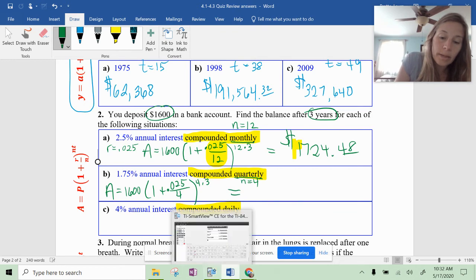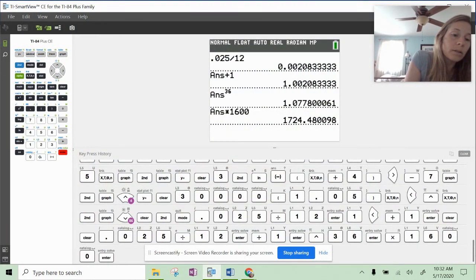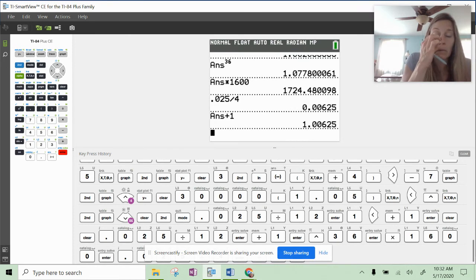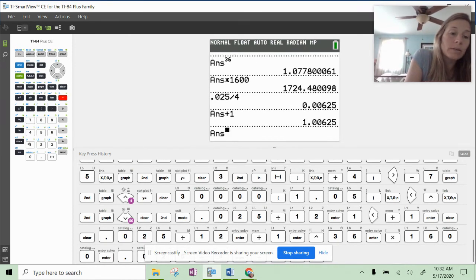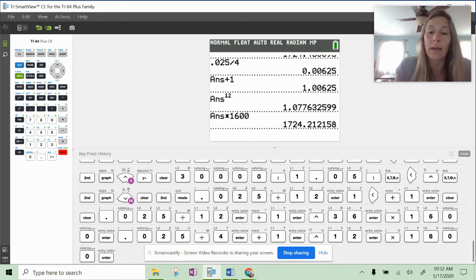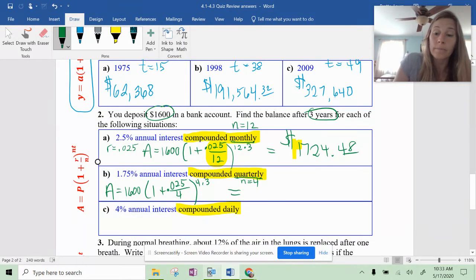So when I put this one on my calculator, I'm going to do the 0.025 since that's my rate, but this time I'm dividing it by 4. Then I'm adding the 1, and then when I raise it to my power, I'm raising that to 12 because 3 times 4 is 12. And then I'm multiplying that by the original amount, which is the 1,600, and I get 1,724 and 21 cents.